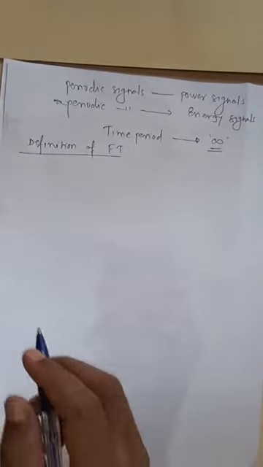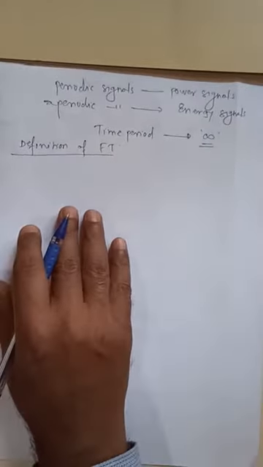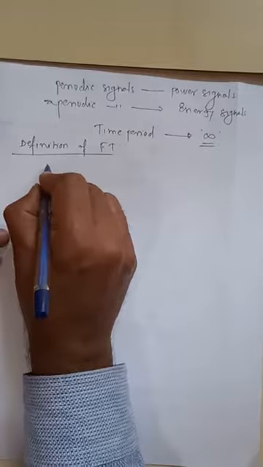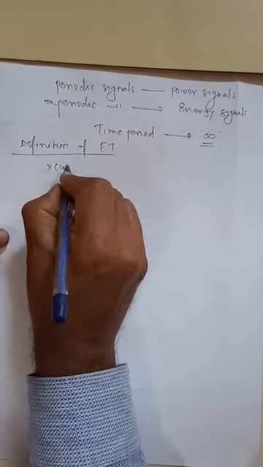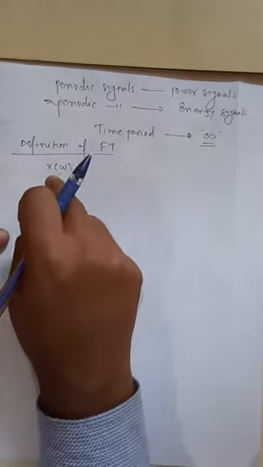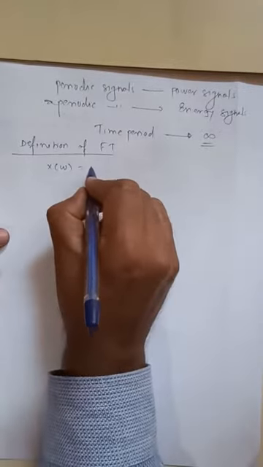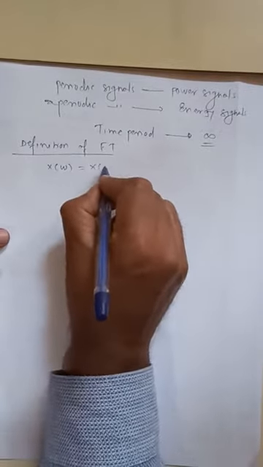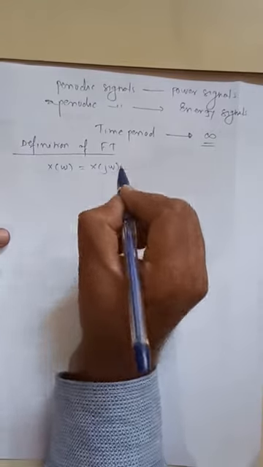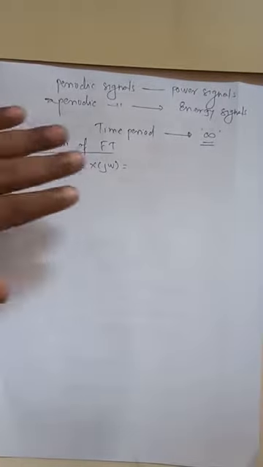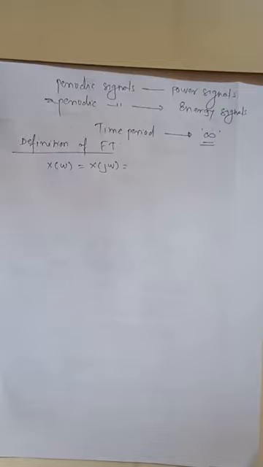So we can write the definition. The Fourier transform is represented by X of omega. In some books you may find it represented by X of j omega. This is one and the same, just the representation style.